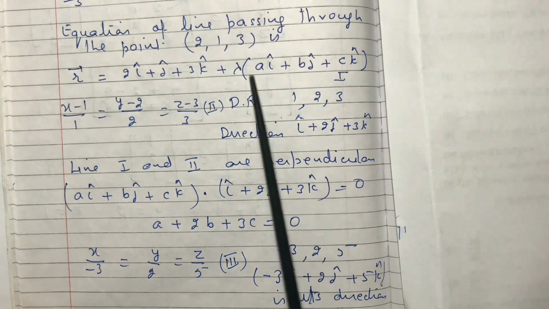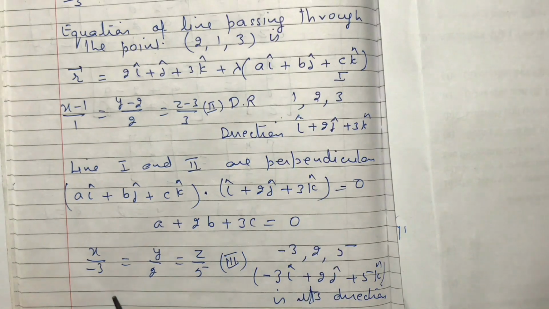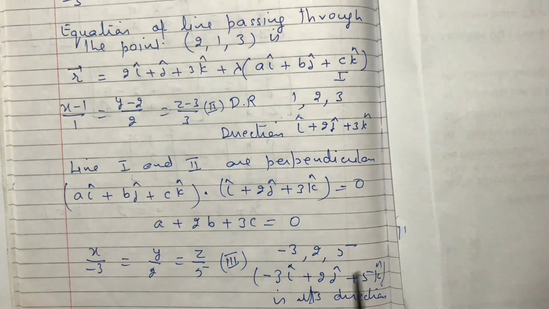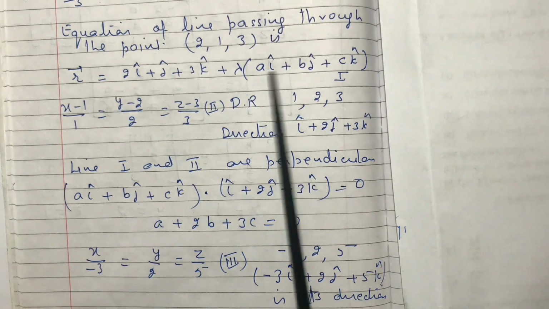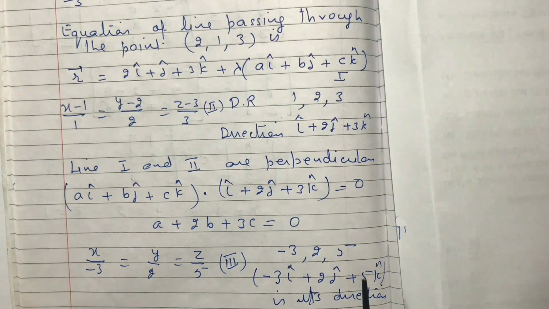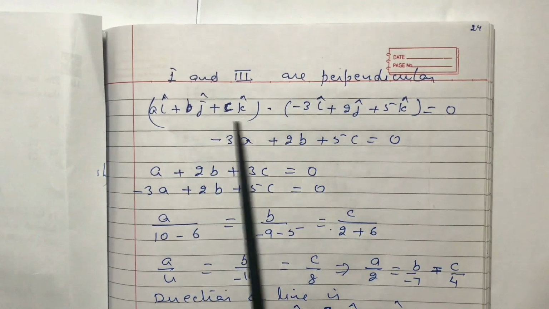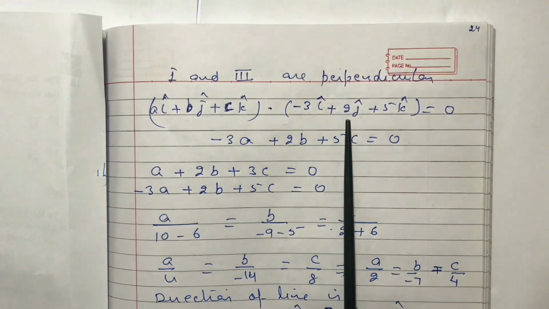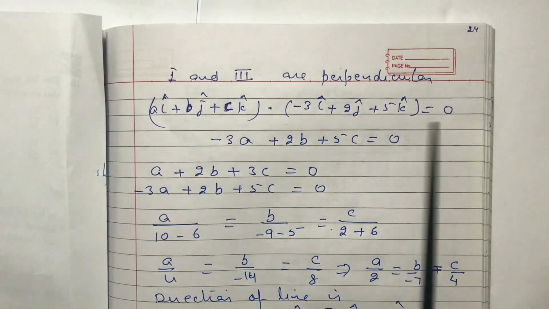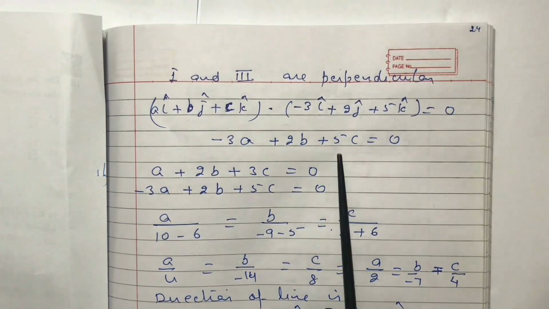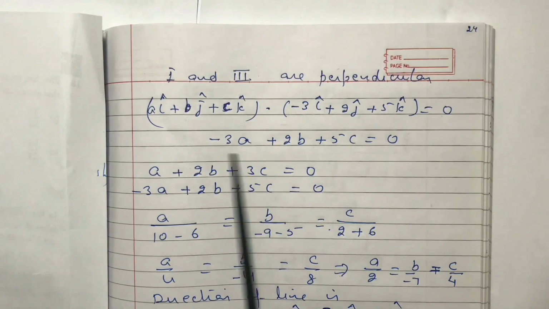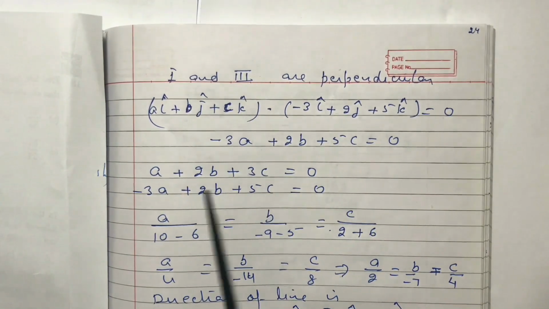Again, this line and this line are perpendicular. So I have written this dot this is equal to 0: (a i cap plus b j cap plus c k cap) dot (minus 3i cap plus 2j cap plus 5k cap) is 0. It means minus 3a plus 2b plus 5c is equal to 0. So I have these two equations. Find the value of a and b.